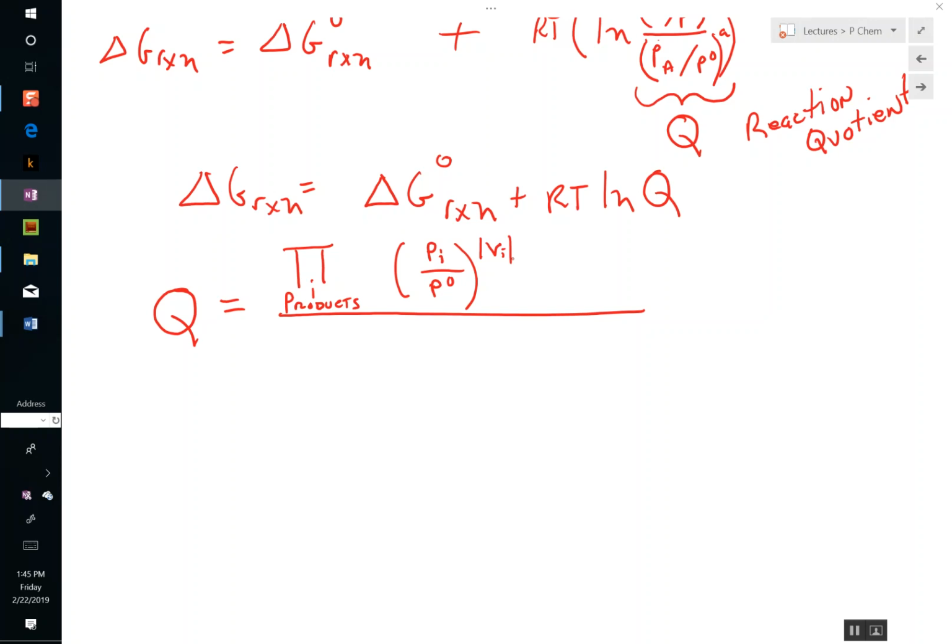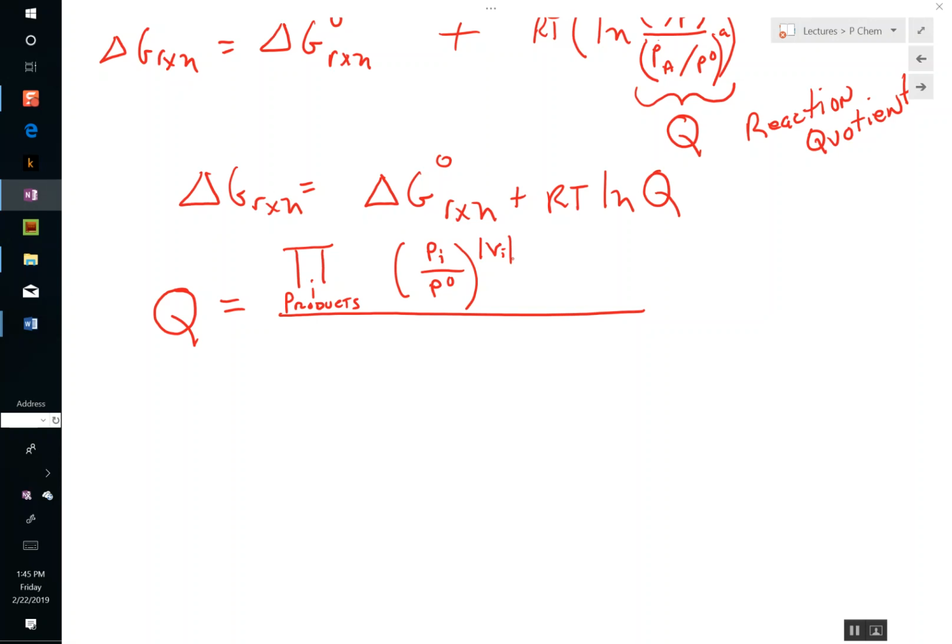Well, that's not pi. That's a mathematical operator that's basically saying we're not going to sum these terms, we're going to multiply these terms.